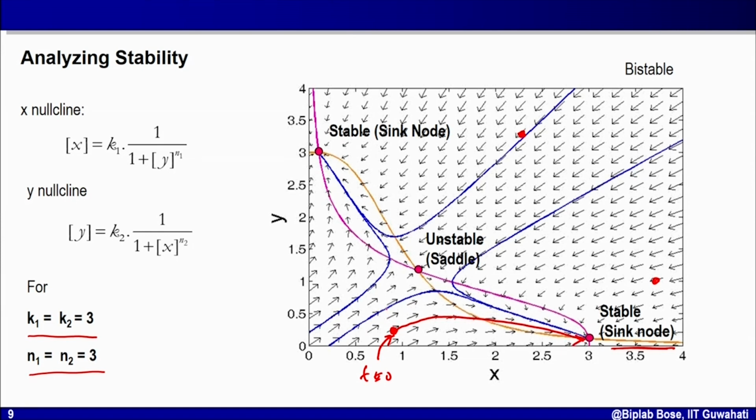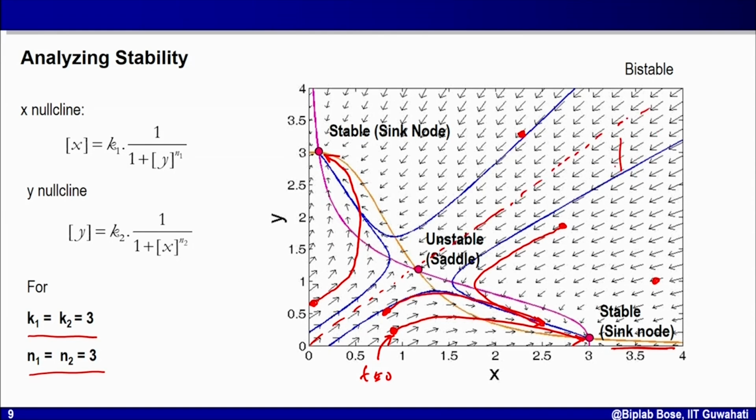I may have another few cells at t equal to 0 that were here, they will also collapse here with time. You may have some cells at t equal to 0 whose initial x and y values were like this, they will follow this path and collapse. Whereas if you have some cell at t equal to 0 here, they will follow this path and collapse at the other steady state. So you can see, I can simply draw a line like this.